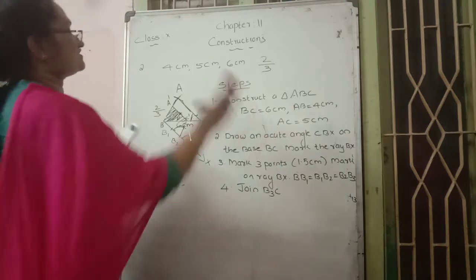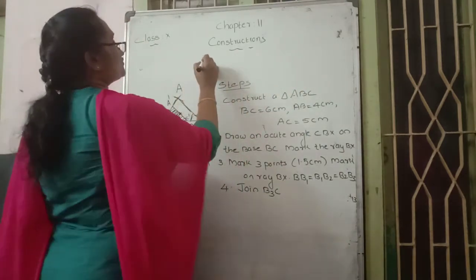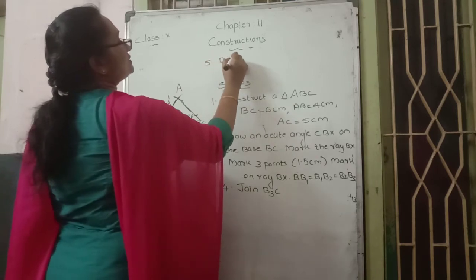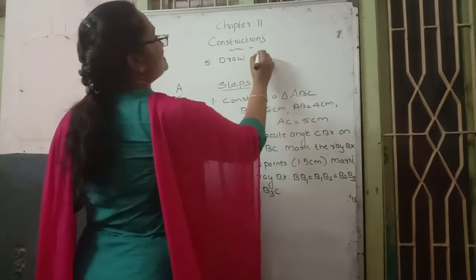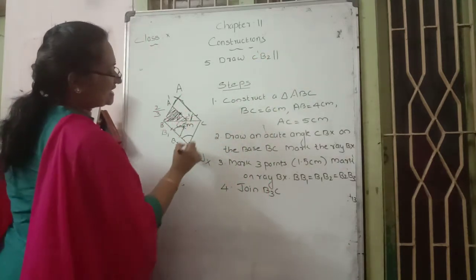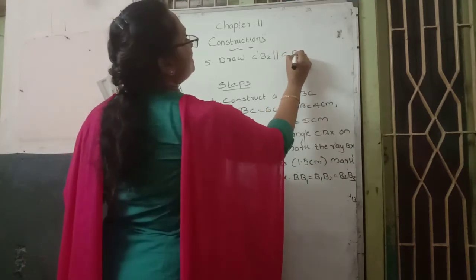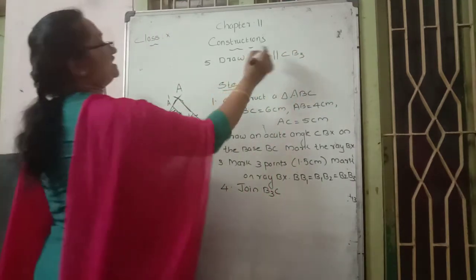The next process here is to draw a parallel line. Next, fifth step: draw C dash B2 parallel to which line? CB3. C dash B2 parallel to CB3.